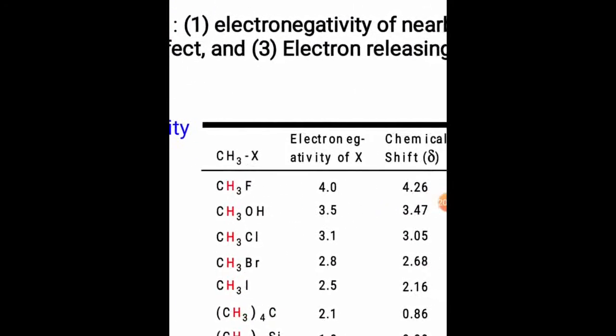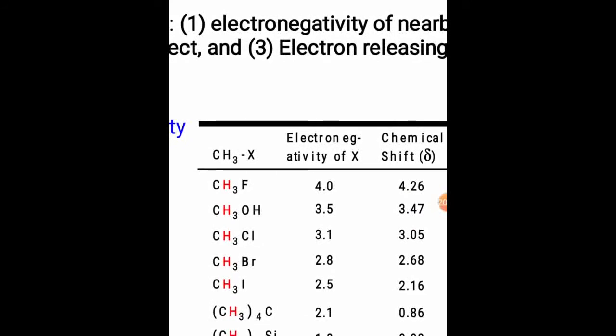In this table, see, the electronegativity of the fluorine atom is 4, while that of the chlorine atom is 3.1. The chemical shift value for the set of protons in CH3F is 4.26 ppm, while for CH3Cl the set of protons has the value 3.05.